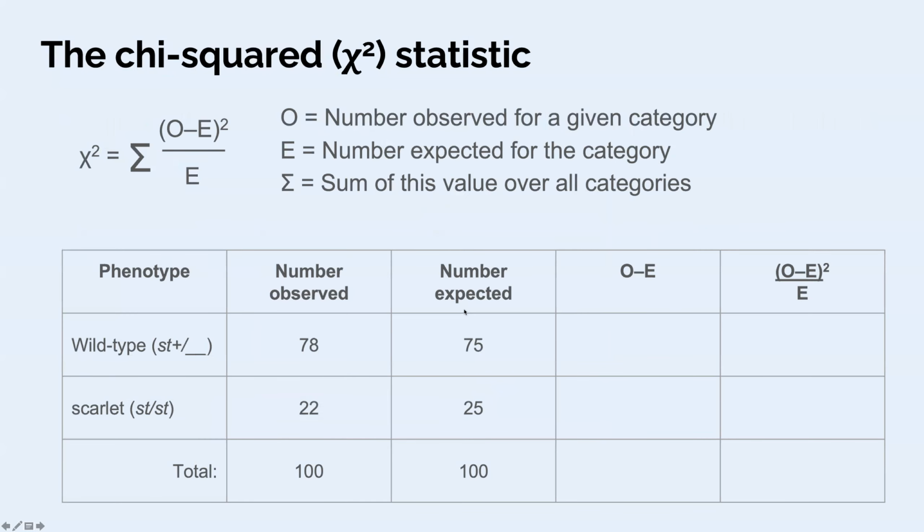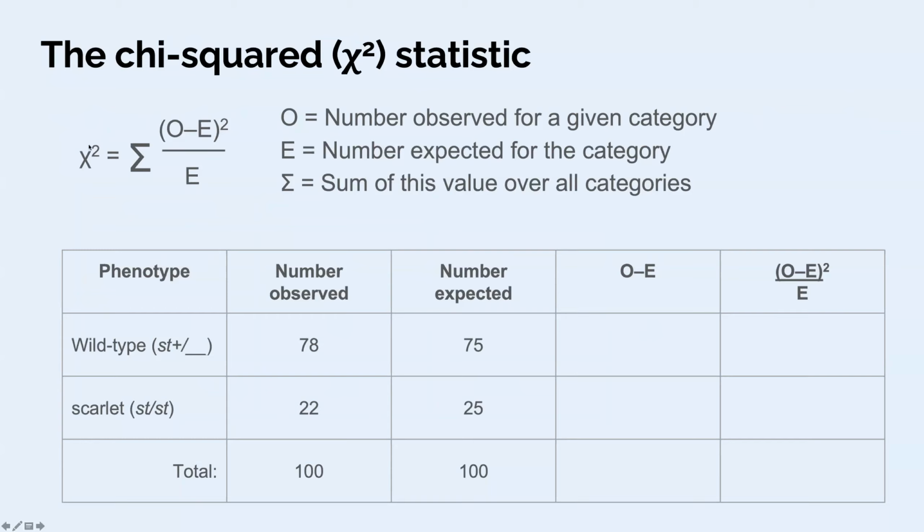So the chi-squared test has a rather convoluted formula. It might look scary at the beginning, but it's not too much to worry about. Let's see if we can break it down. That chi-squared, this is the Greek letter chi, looks like an X, makes a sound. Chi-squared.